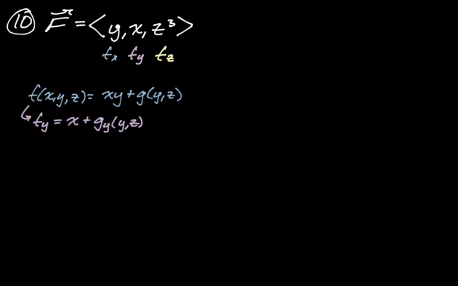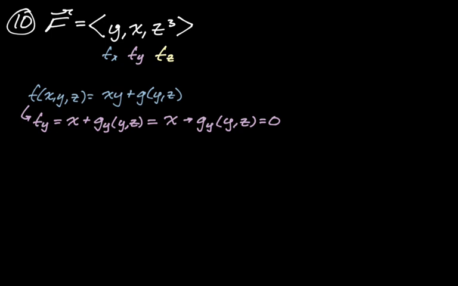That's x plus partial y of g, and compare to what we think partial y is, which is just x. It's given, that's x. The question is, is it actually partial y of our potential function? That would mean that partial y of g is 0.